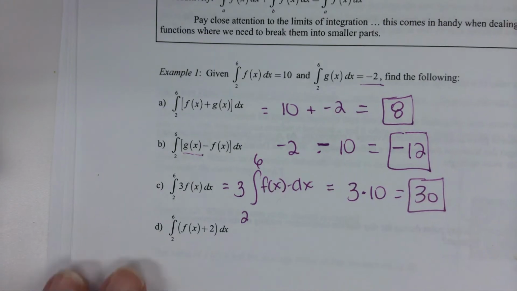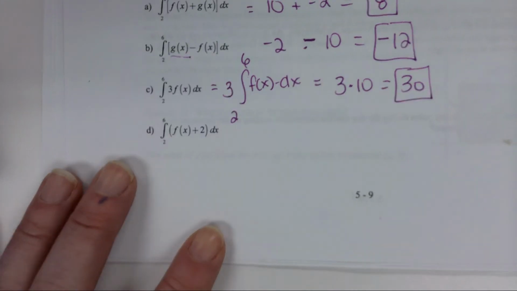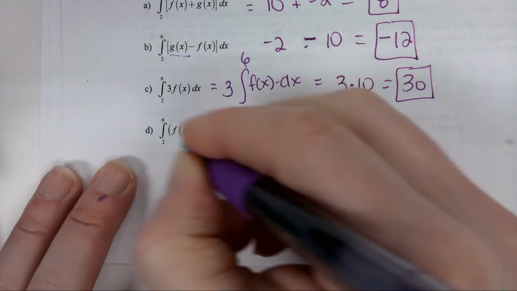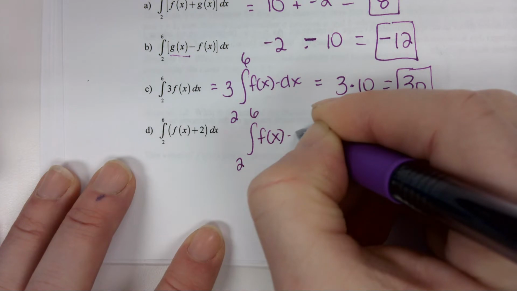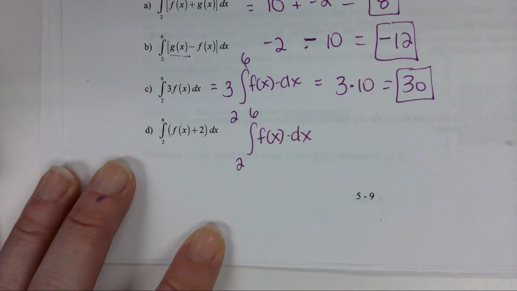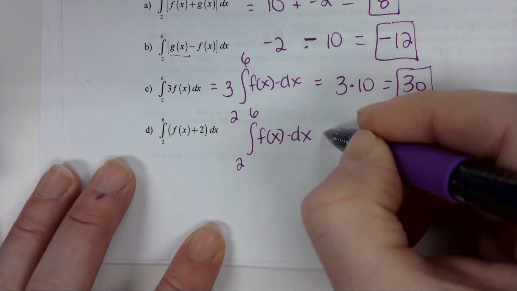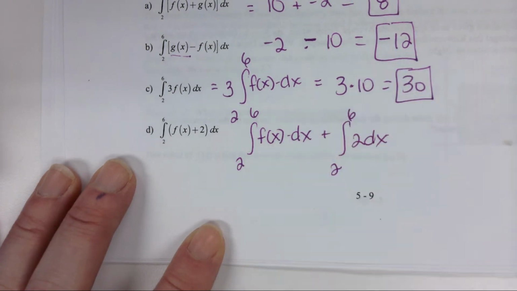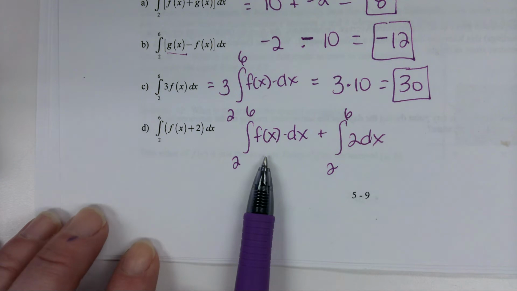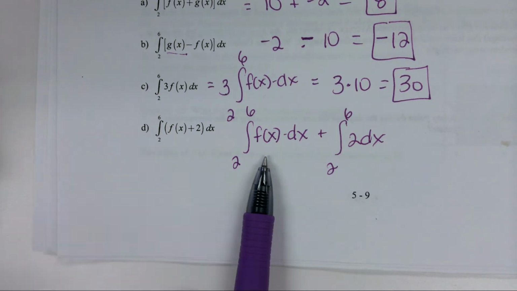D is additivity, and we can still break it apart. But you can find the second part by using area. So this would be the integral from 2 to 6 of f of x dx plus the integral from 2 to 6 of 2 dx. What's this one? 10.